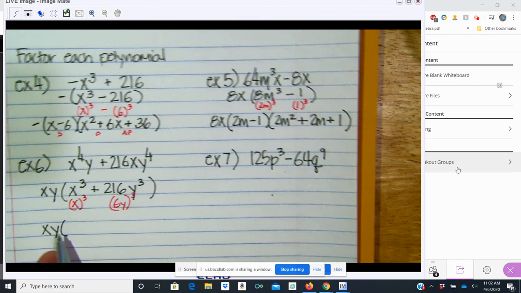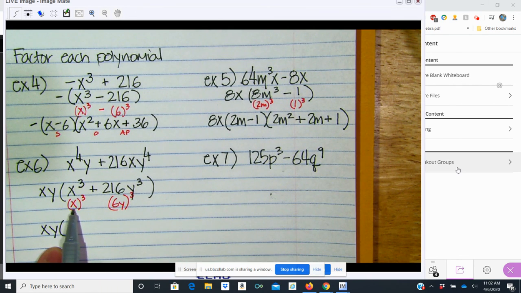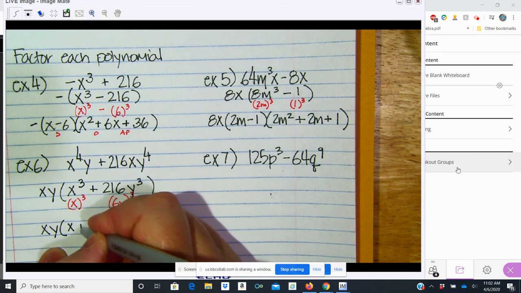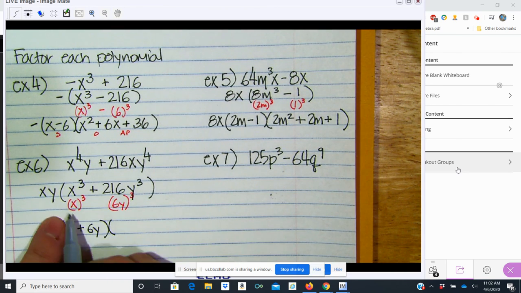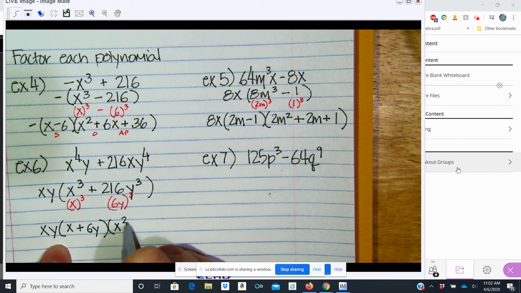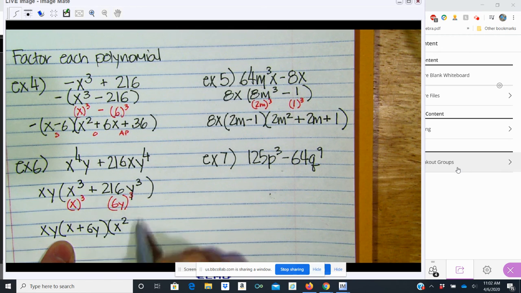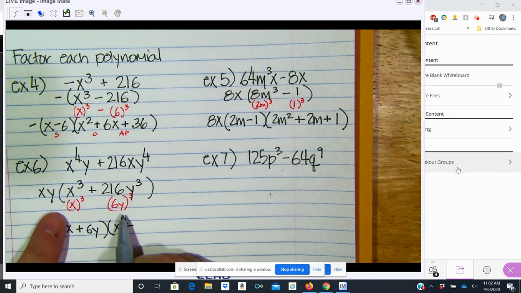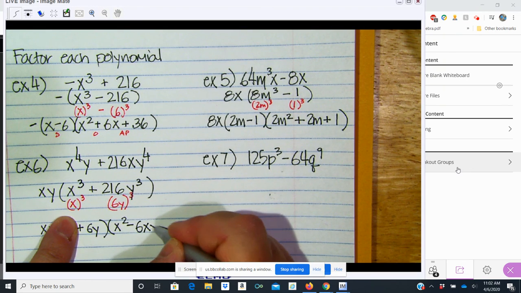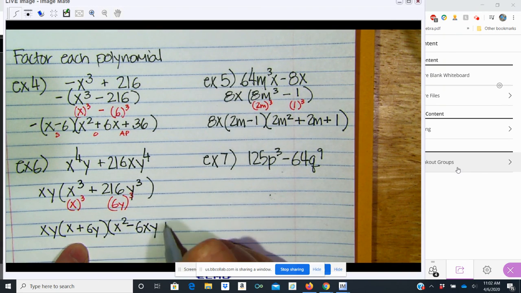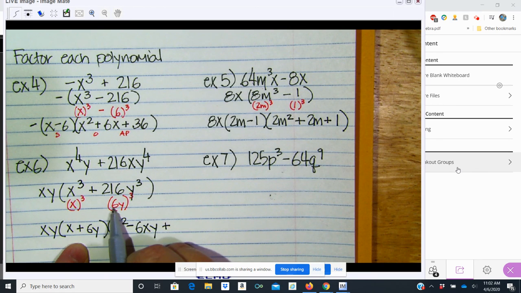All right. So I've pulled the xy out. It's the first cube root, in this case, plus the last. Then we take the cube root and square it. We use the opposite sign. Then it's the two roots multiplied together. Always positive. And then the last root squared.